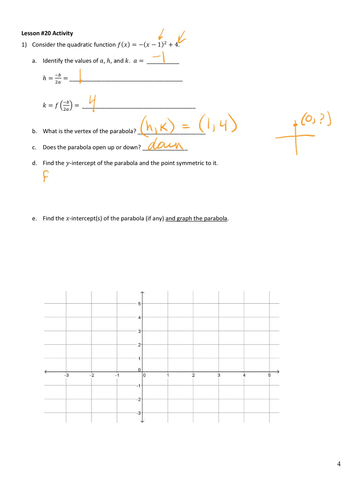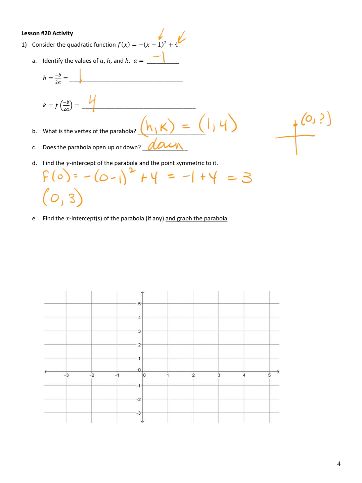So I'm going to do f of 0, negative (0 minus 1) squared plus 4, which negative 1 squared is 1, but then there is an additional negative outside. So this is negative 1 plus 4, which is 3. So my y-intercept is (0, 3).